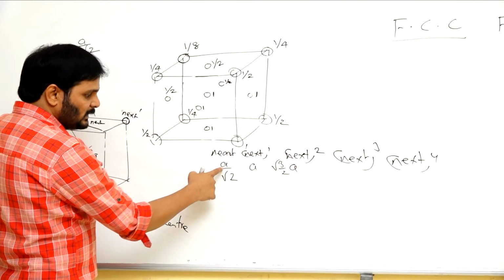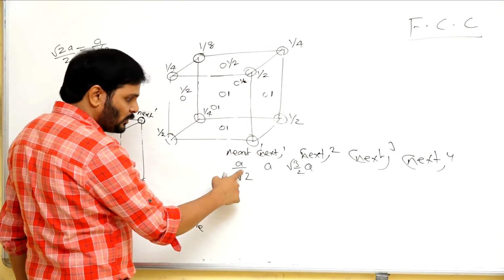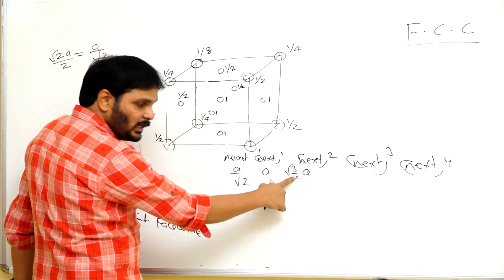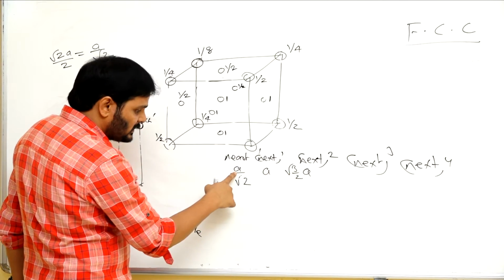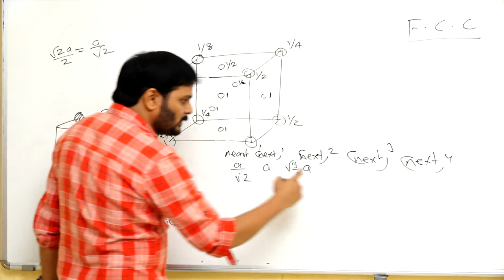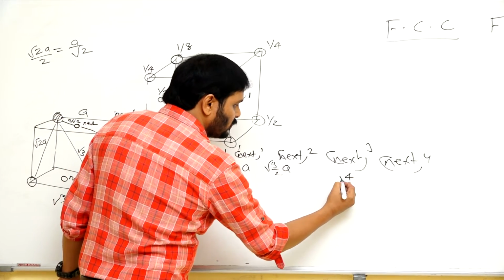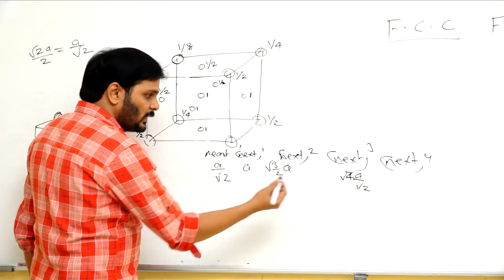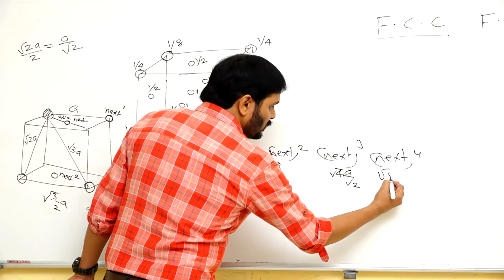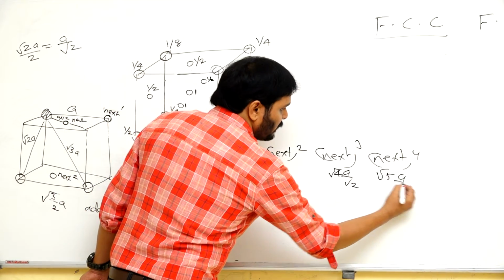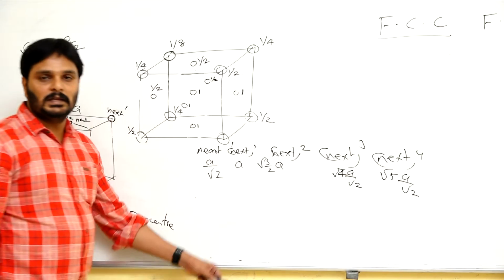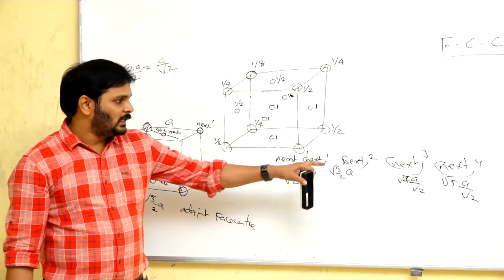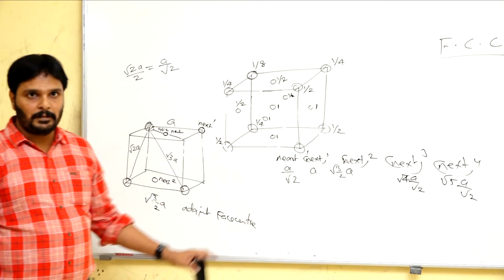This is multiplied with root 2, you will get this. This is multiplied with root 3, you will get this. This is multiplied with root 4, so a by root 4, then next multiply with root 5. A simple trick to find next 3, next 4.